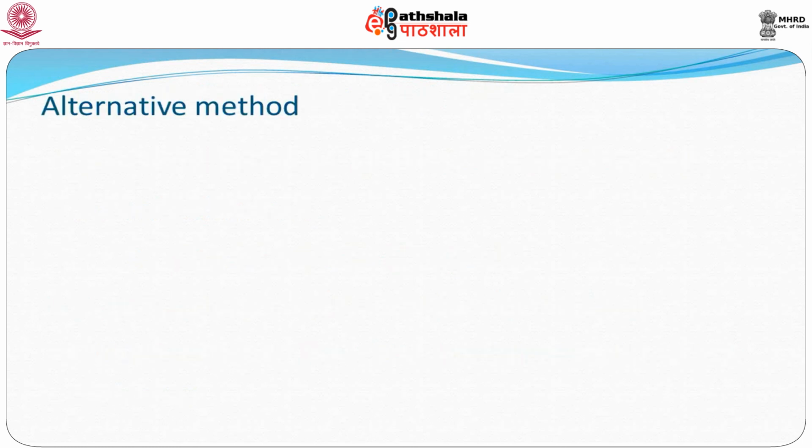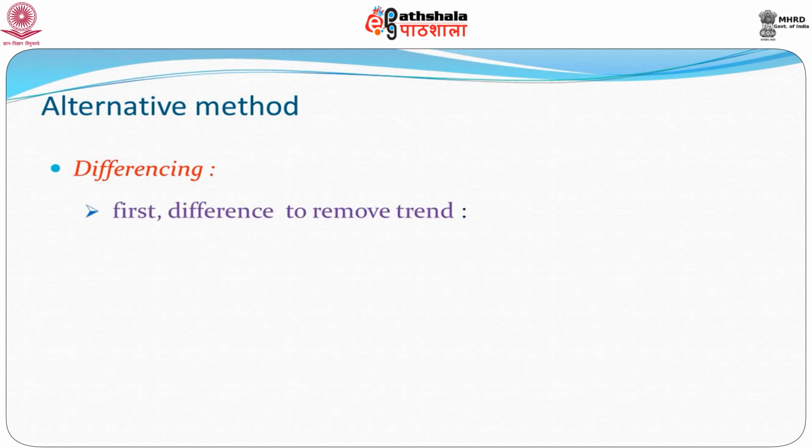There is an alternative method of detrending and deseasonalizing a series, and that is by differencing. First, difference to remove the trend. We have seen this before. So if you take yt minus yt-1, that is the first difference, then if you have a linear trend, that is removed.